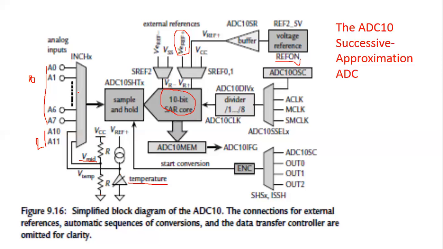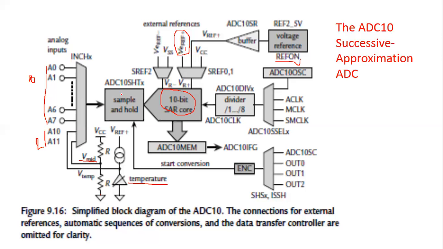This analog signal is applied to the sample and hold circuit. That sample and hold circuit will convert it into digital signals. This V input is compared with the reference voltages. If V input is more, then you keep the same bit and make the next bit 1.